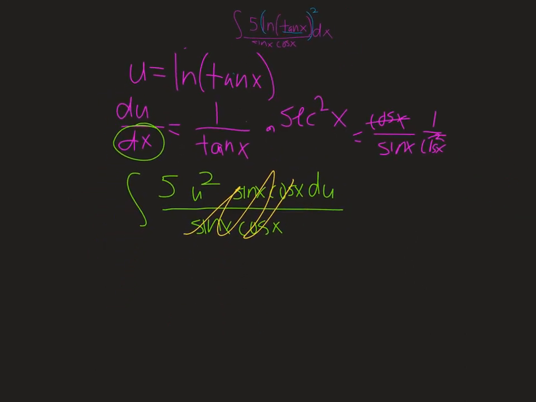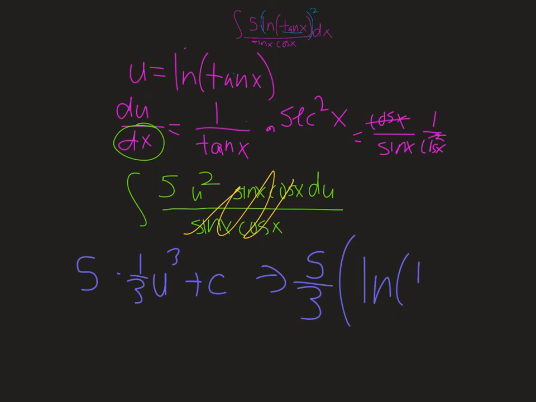It's a faster move. So if I am more aggressive in my u, I get to a better place. So that means 5u squared. So that's going to be u cubed over 3, keep the 5, plus c, which is 5/3. My u, that's the natural log of the tangent of x, cubed, plus c.